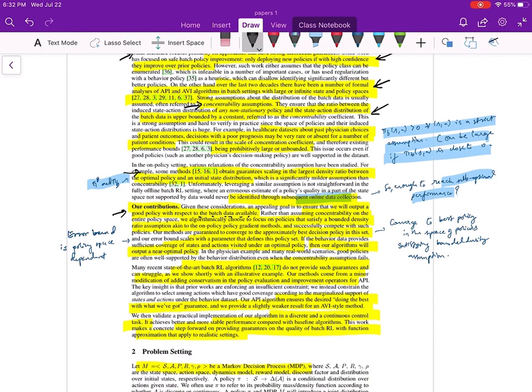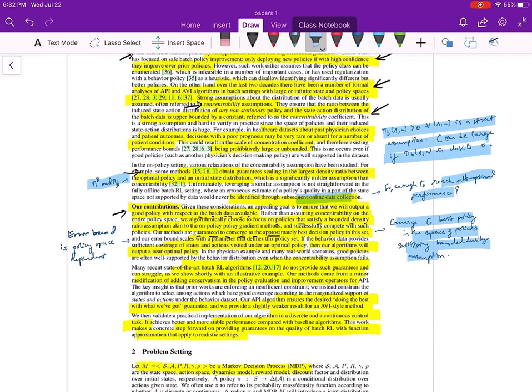Concentrability is not assumed, but we algorithmically choose to focus on policies that satisfy a bounded density ratio assumption. So our methods are guaranteed to converge to the approximately best policy, meaning the best policy in the space of policies satisfying the bounded density assumption.